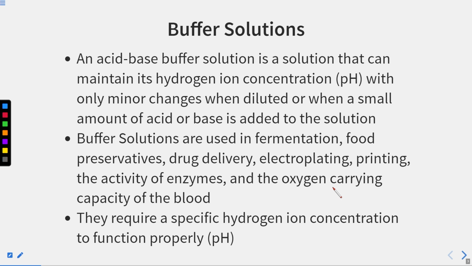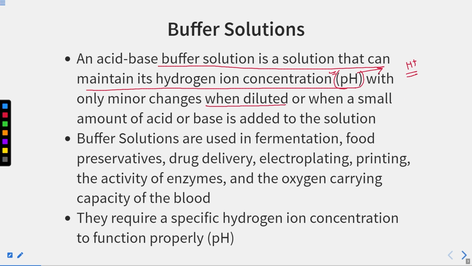So let us start. Buffer solutions. An acid-base buffer solution is a solution that maintains its hydrogen ion concentration, meaning pH. If we talk about the hydrogen ion concentration, then actually we are talking about its pH. It changes only minorly when diluted or when a small amount of acid or base is added to the solution.